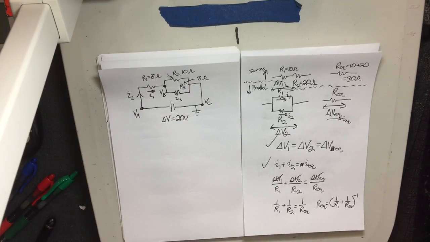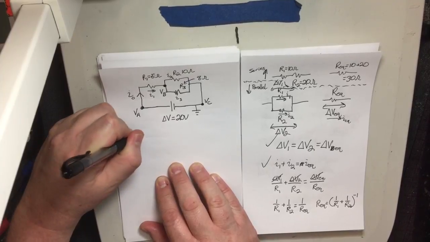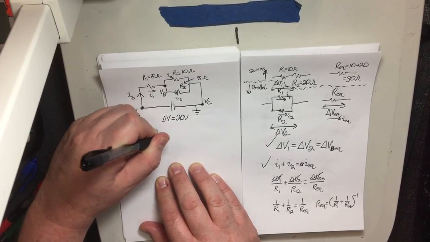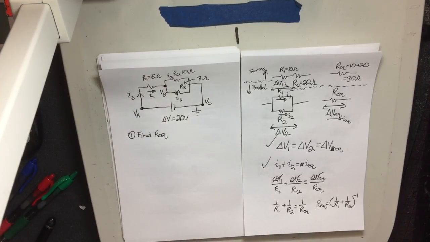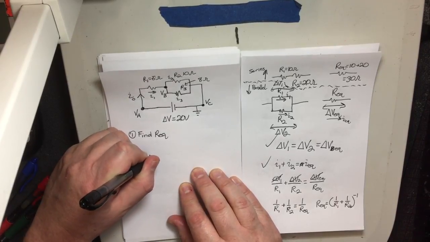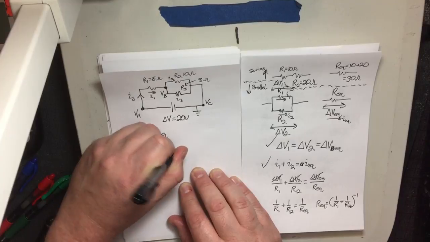The battery is 20. When doing a problem like this, the first thing that you want to do is find REQ. That's the first thing that I care about. This is a very simple example.